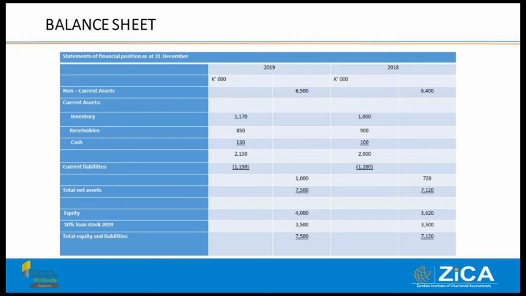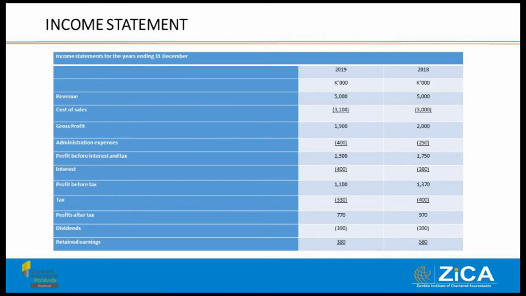Okay, so there is the income statement. The income statement will be for the company that is being analyzed. It might be for 2 financial years, or it might be for the company being analyzed and a competing company, or average figures for the industry. Let me look at the balance sheet as well.